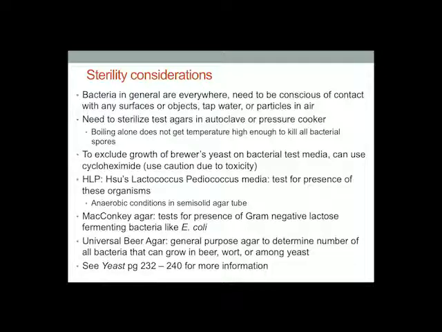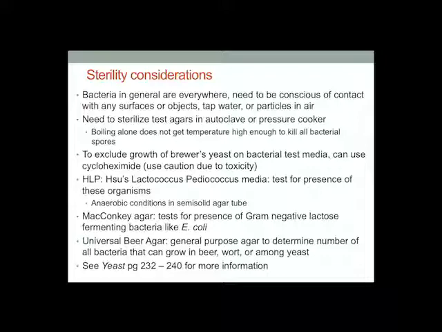So this cycloheximide is found in some of the different microbiological test agars that you might use in the lab. One of those is HLP. This is called Hsu's Lactobacillus Pediococcus medium, and it's used to test for the presence of those two organisms.